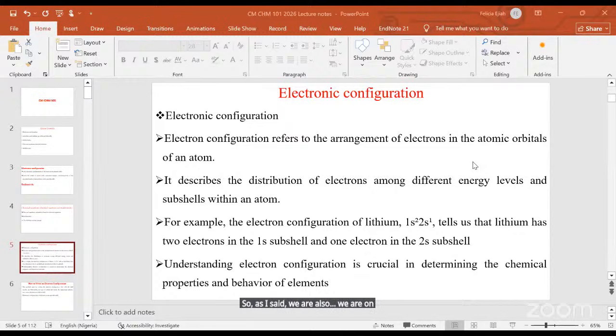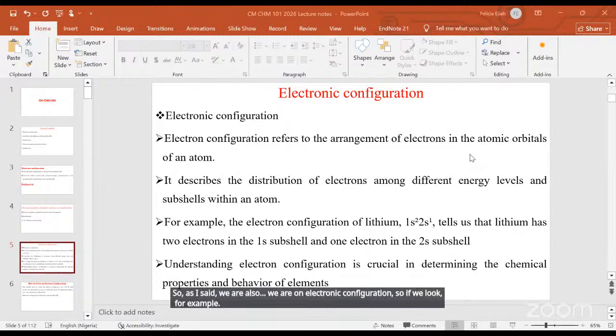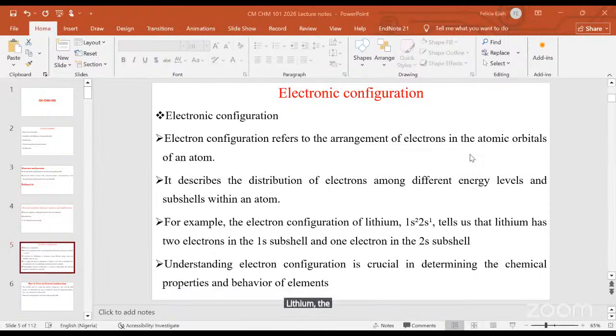So as I said, we are on electronic configuration. If we look, for example, at lithium, the atomic number is 3. For the electronic configuration, we normally say 1s. This 1 is the first shell, and 2 is telling us the second shell.